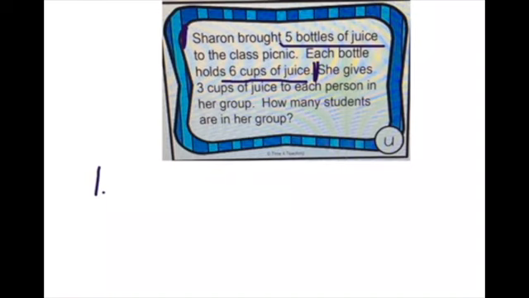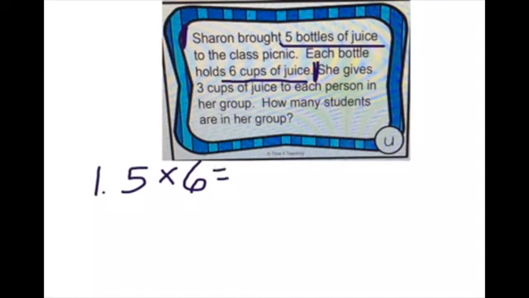It looks like we have to find the total. So when I have to find the total, what do we need to do? We need to multiply. So I'm going to multiply 5 times 6, because that is going to tell me how many cups of juice there are total. And what is 5 times 6?